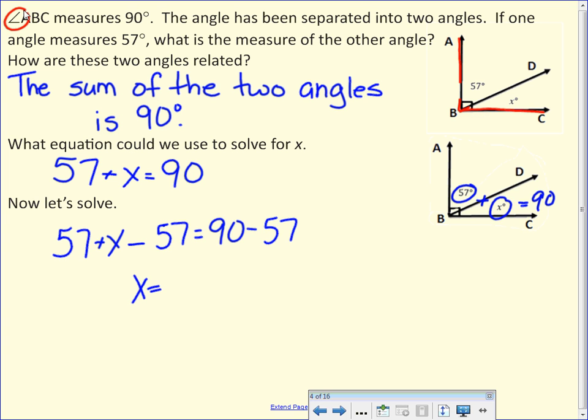So x equals, well, that's what we're doing. 90 minus 57 is what? 33 what? 33 cookies? Degrees. 33 degrees. So angle DBC equals 33 degrees. Okay? Questions? Let's try another one.